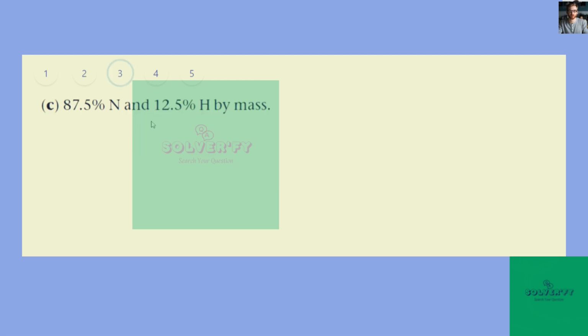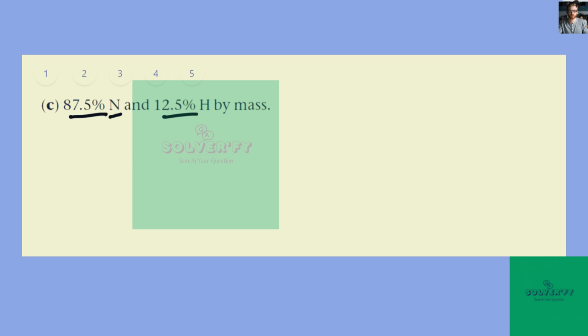Now in the next part of this problem, we have to find out the empirical formula of a compound which has 87.5% nitrogen and 12.5% hydrogen. When we are given percentages of the elements, first we'll sum up the percentages to make sure that the total is 100% and there is no other element present in the compound. So 87.5% plus 12.5%, we can easily see that the total is 100%.